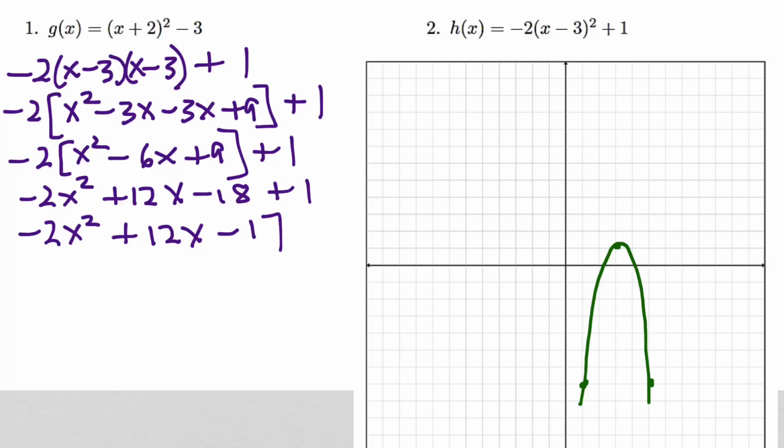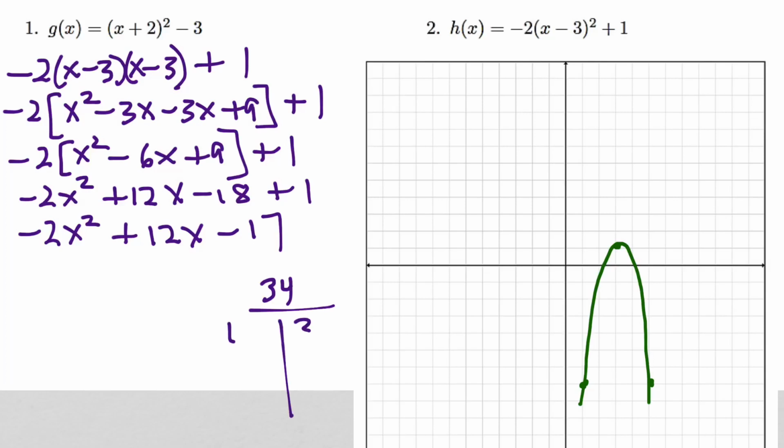Okay, so let's go ahead and use the quadratic formula on this as well. And I'm just going to say this doesn't look too factorable to me. Of course, the way you would tell is to multiply negative 2 times negative 17, so that would be 34.